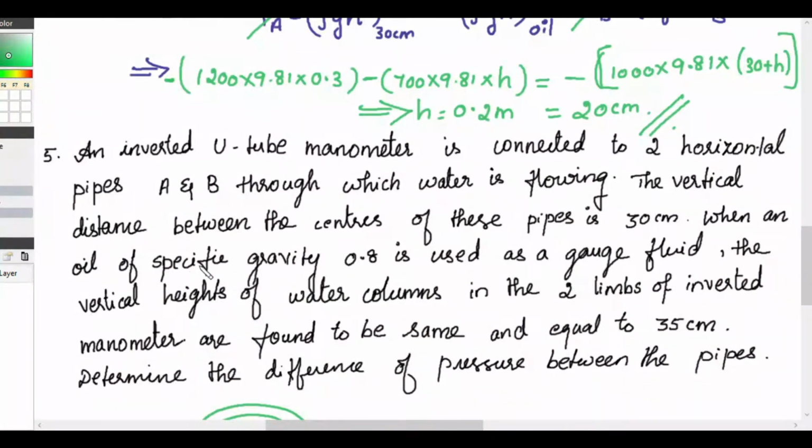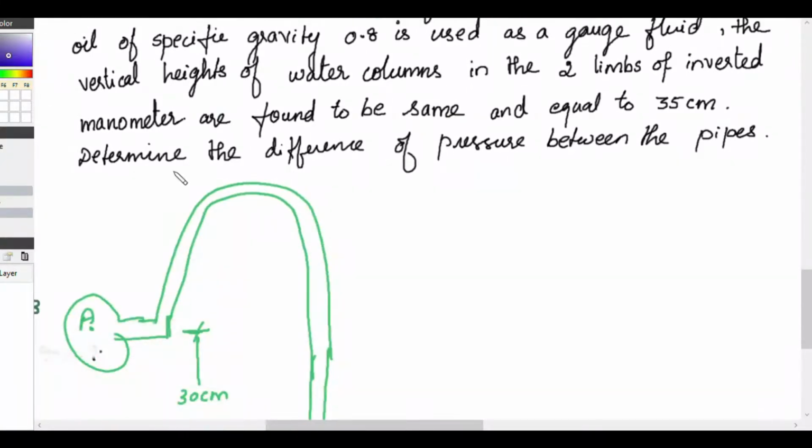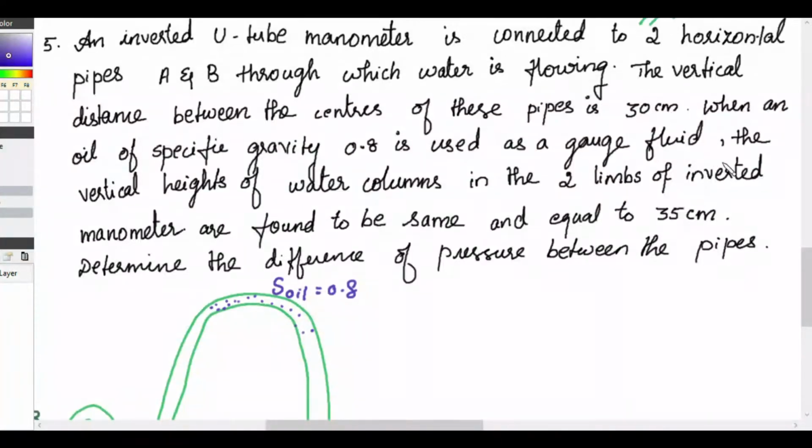An oil of specific gravity 0.8 is used as a gauge fluid. So our gauge fluid used here is oil of specific gravity 0.8. The vertical heights of water columns in the two limbs of the inverted manometer are found to be the same and equal to 35 centimeters.